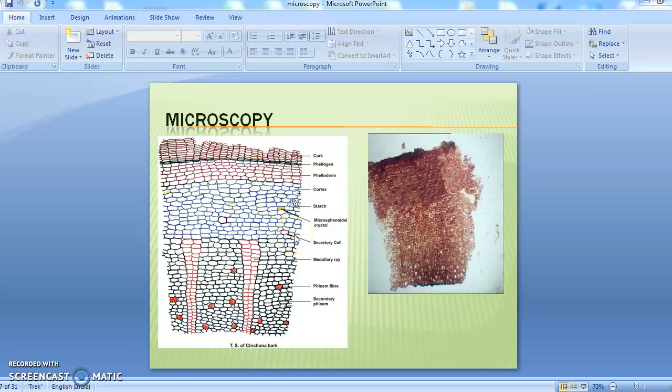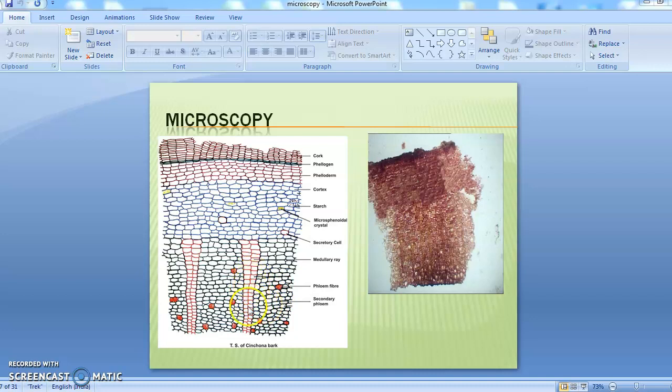It is at right angles to the axis, and the cell is wide and consists of companion cells. Below that the phloem parenchyma is present. It is also reddish brown in color, a very thin layer of cells, and microprism type calcium oxalate crystals are present here.